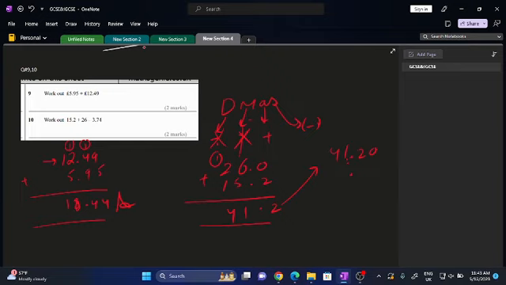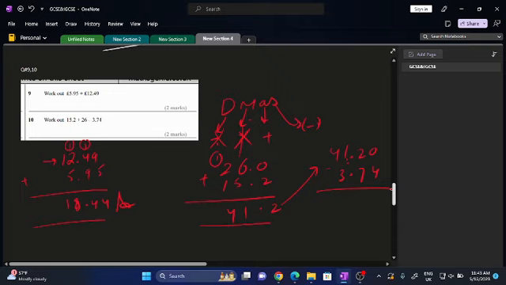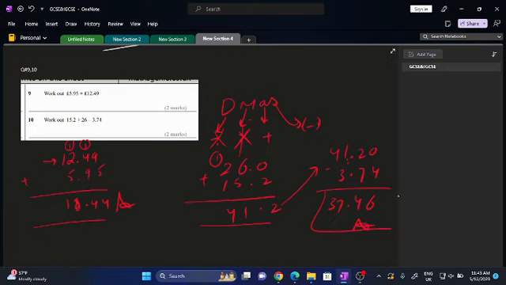Then the decimal point will retain its position. Here would be 7, here would be 4, and here would be 3. You have to do subtraction. So use the carry rule again, and after doing the carry rule again, your answer would be 64.37. Yeah, that would be your final answer for question number 10.